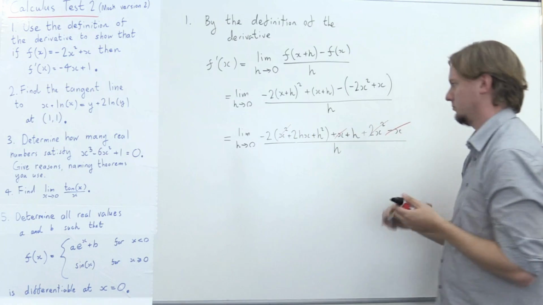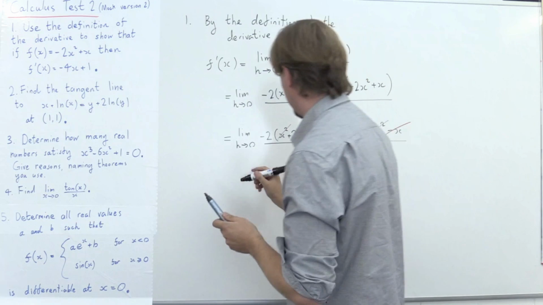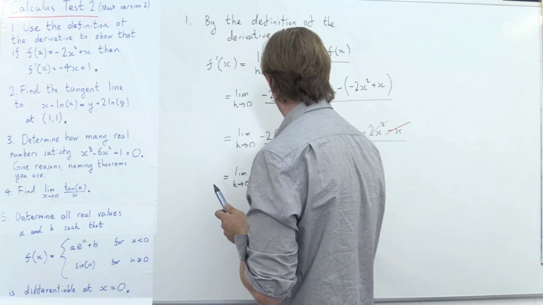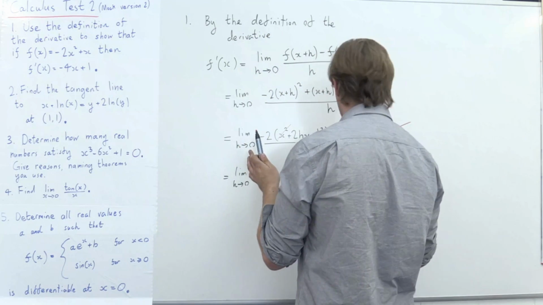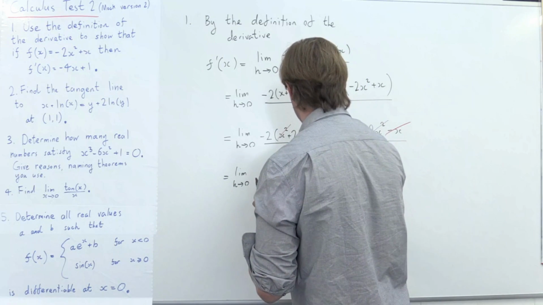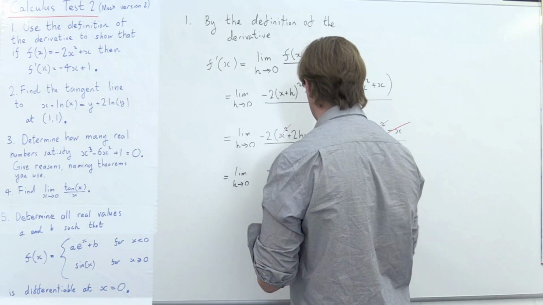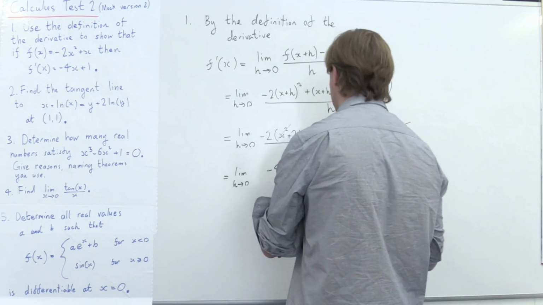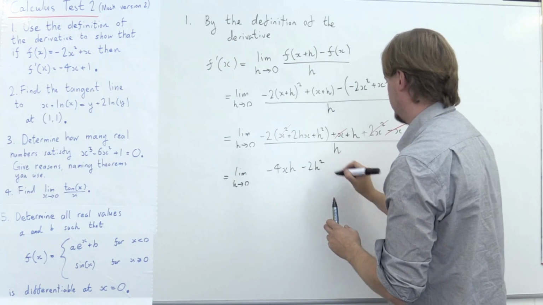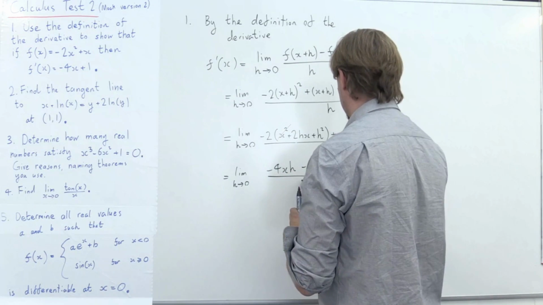And what you end up with is the limit as h approaches 0 of the entire top: minus 4hx, minus twice h squared, plus h, all over h.